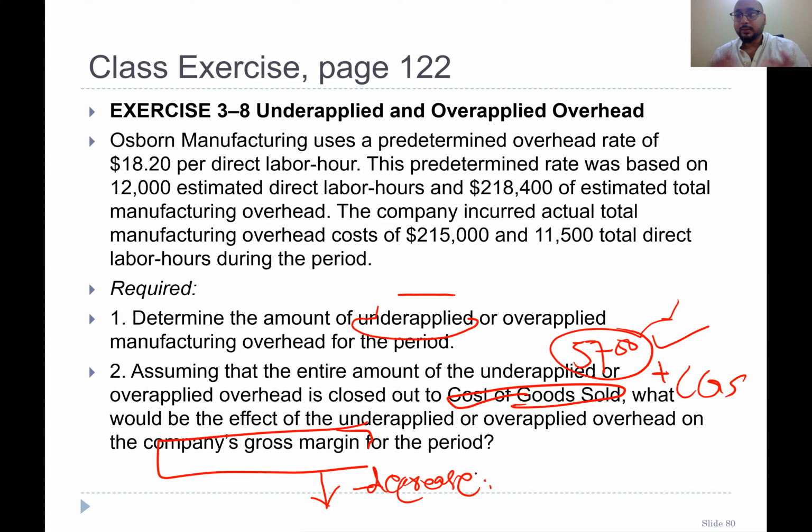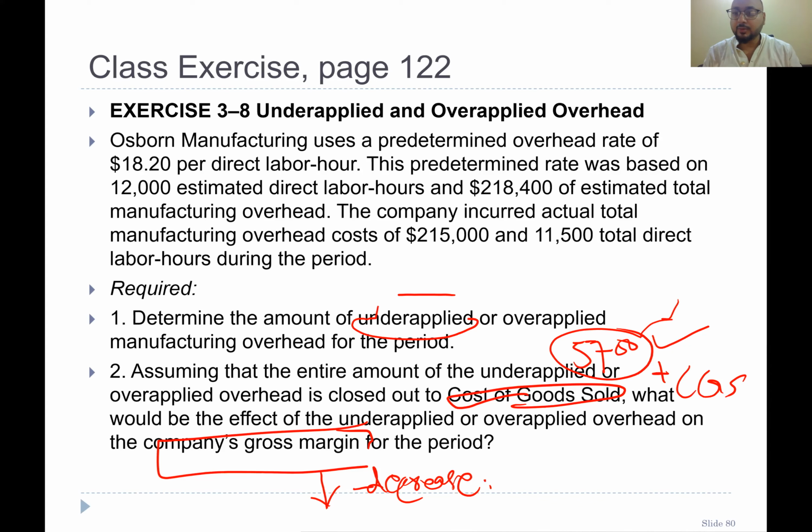So this is how the working of job order costing works. First, you receive the order, you give them a quote, you estimate your manufacturing overhead in advance, and then you make the goods. And when you make the goods, the real data, actual data, comes in. You note it down over there. And then you compare your manufacturing overhead actual and manufacturing overhead applied.